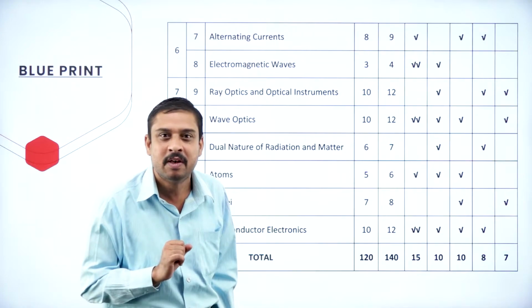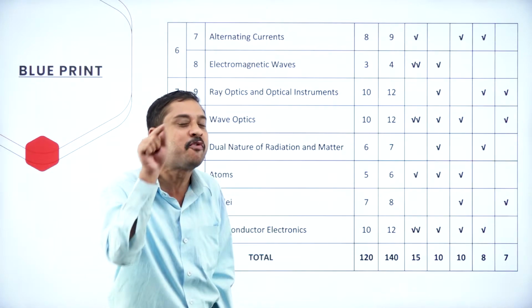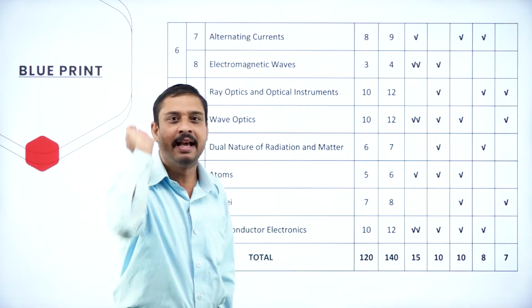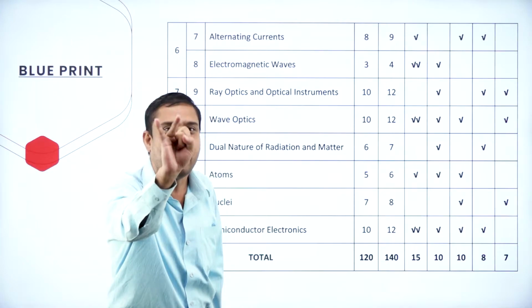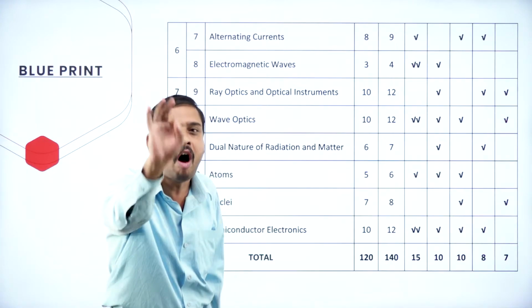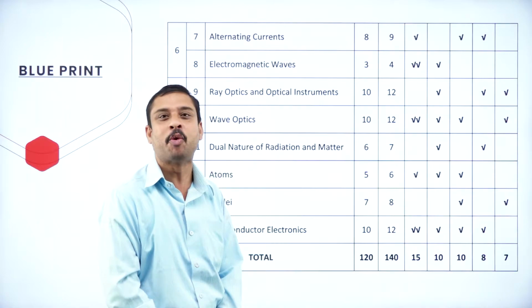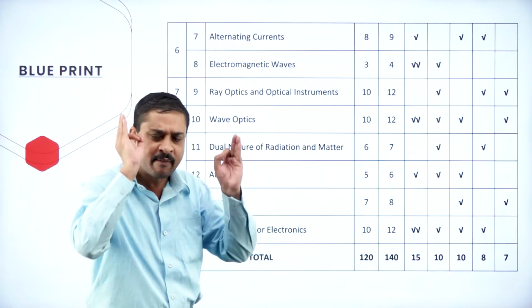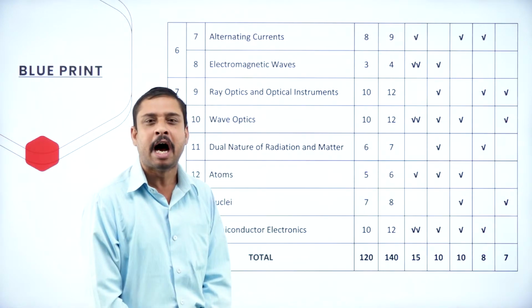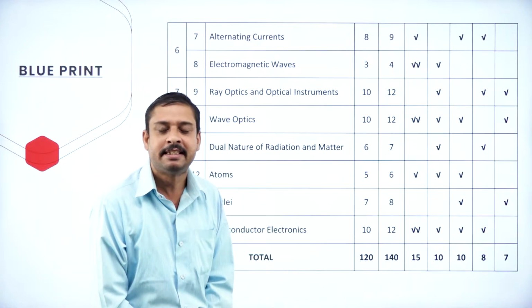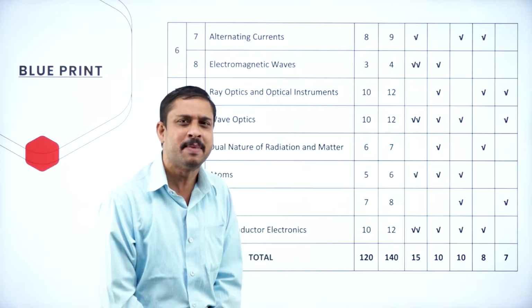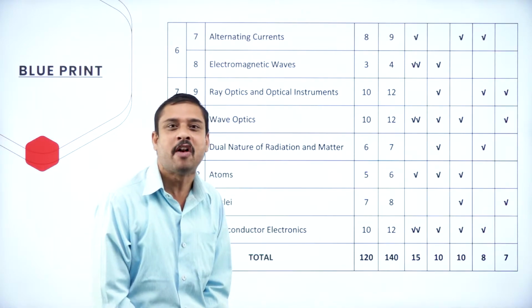3. Which will be the chapters of my strength? Electric current, alternating current, optics. ಇಷ್ಟನ್ನು ನೋಡ್ಕೊಂಡ್ರೆ I can very much ensure you out of 7, 3 problems very much easily you can solve in the exam.